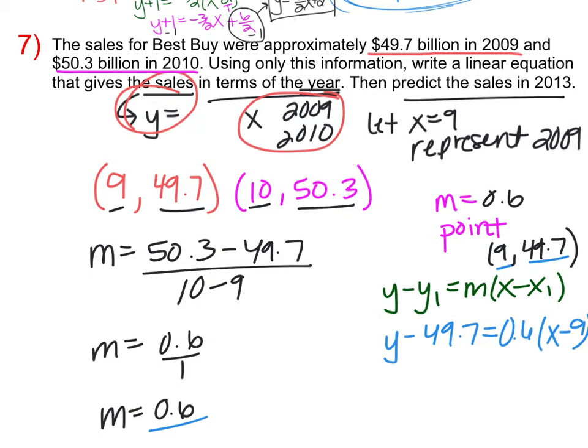The most common way we see any sort of equation is y equals. So let's go ahead and distribute. 0.6x minus, and then if we multiply 9 times 0.6, you get 5.4.